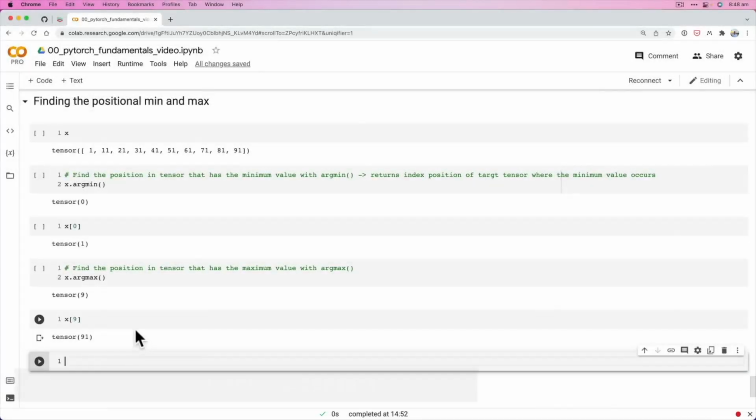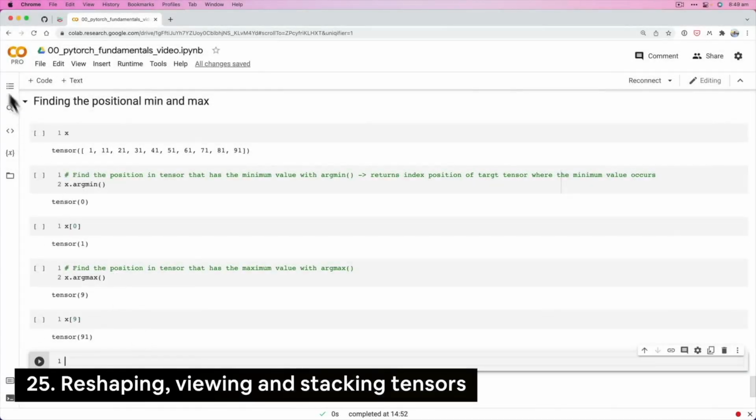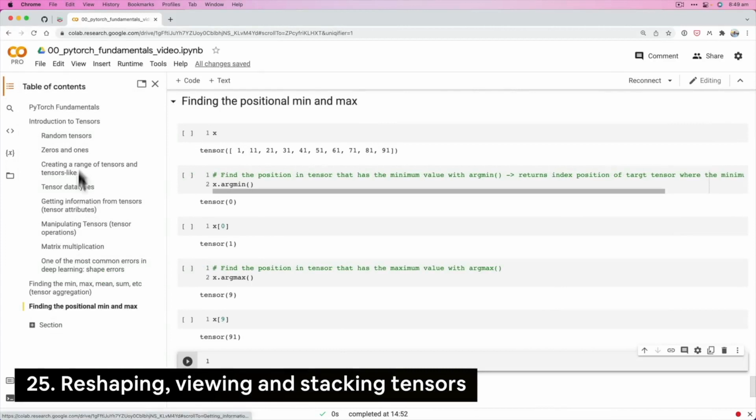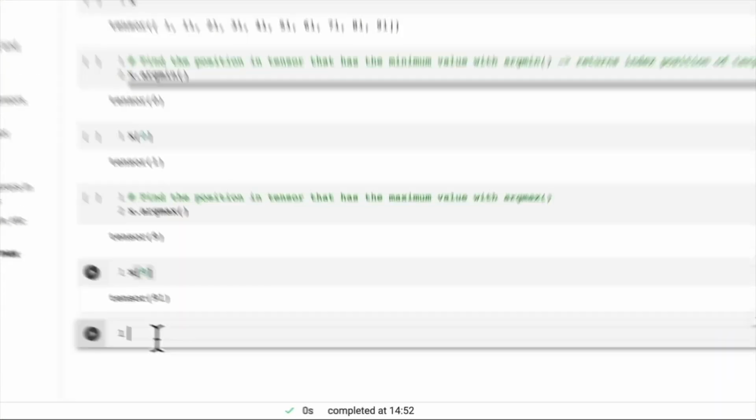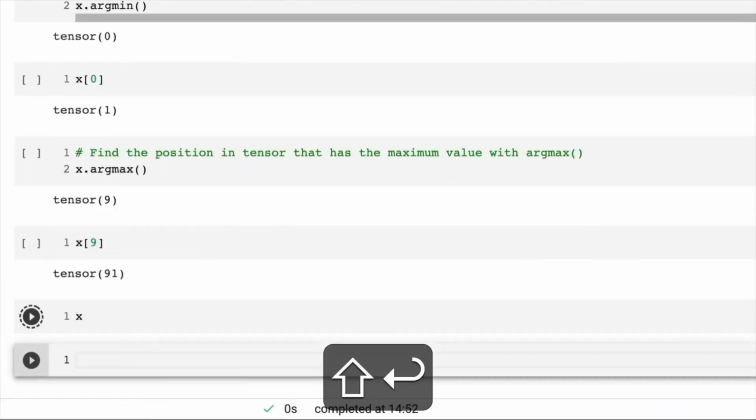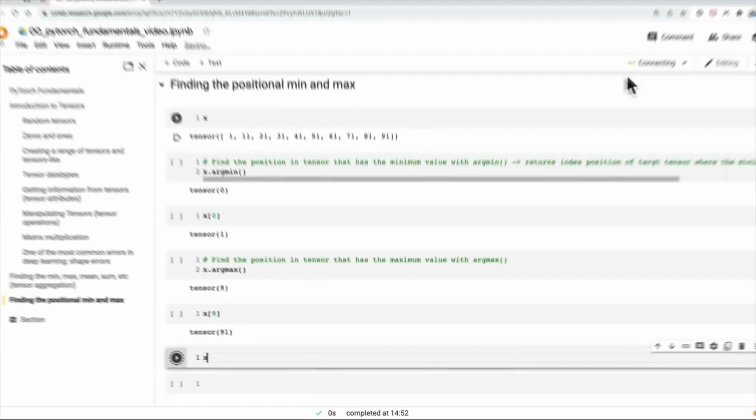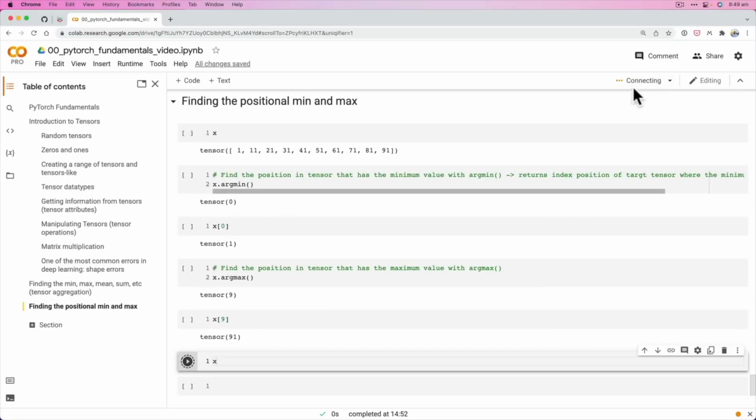Welcome back. So we've covered a fair bit of ground, and just to let you know, I took a little break after going through all of these, and I'd like to show you how I get back to where I'm at. If we tried to just write X here and press Shift and Enter, because our Colab was disconnected, it's now connecting, because as soon as you press any button in Colab, it's going to reconnect.